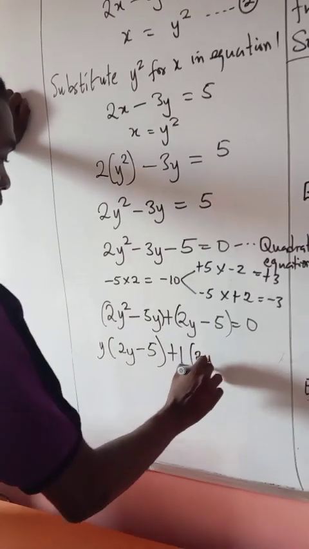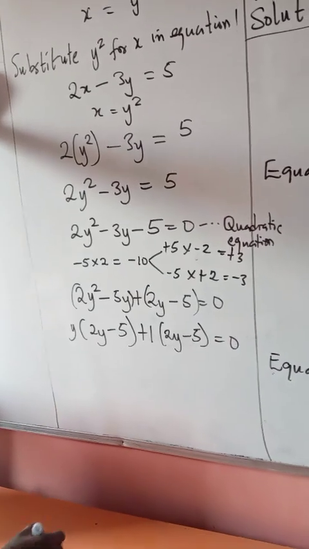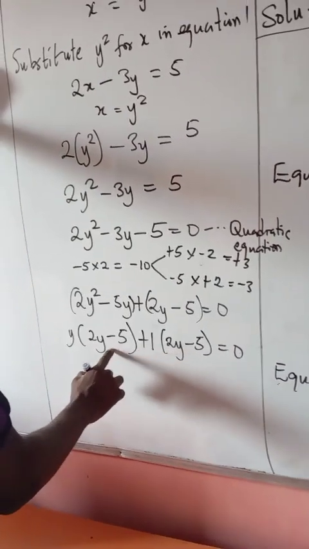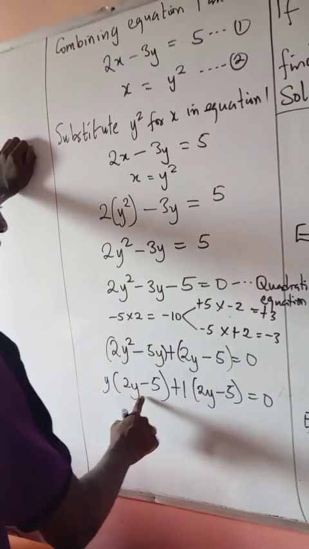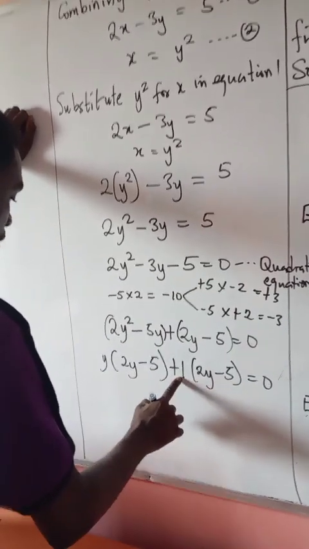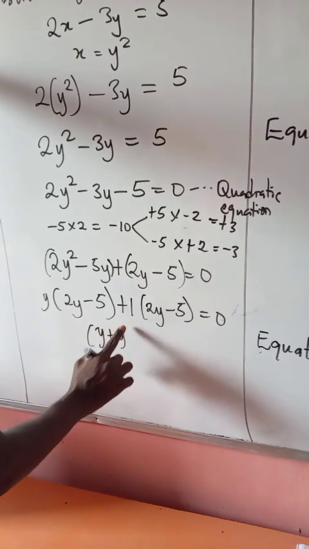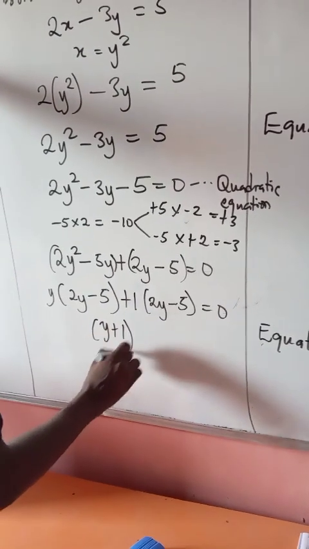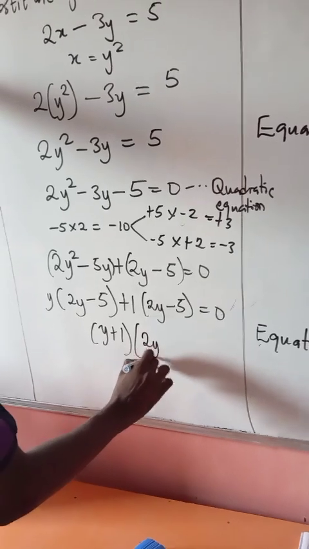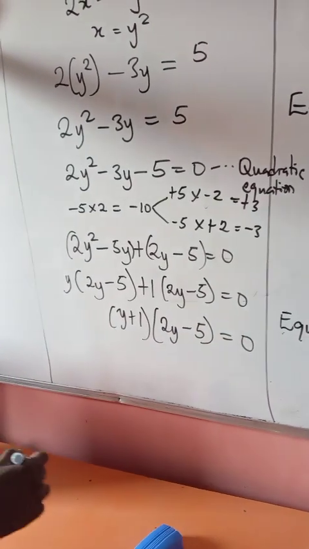Then I have 2y minus 5 is equal to 0. We have two common factors here, 2y minus 5. So what is outside the bracket here is y plus 1, bracket 2y minus 5, is equal to 0.